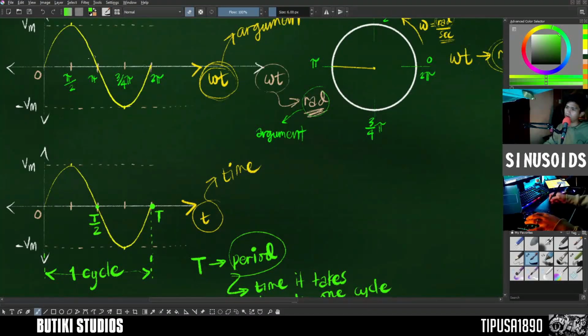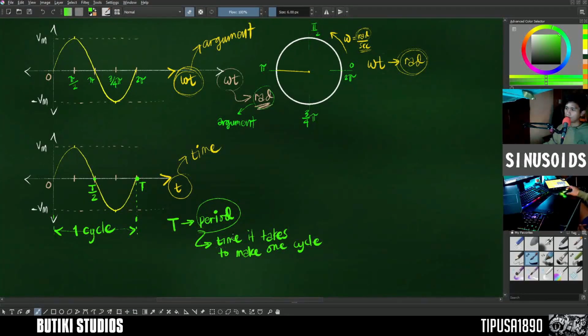Okay, so why did we do this? We did this so that we can analyze what our period is. Period is important because there is a parameter used very often besides this cycle. Our cycle determines our frequency, which is f.